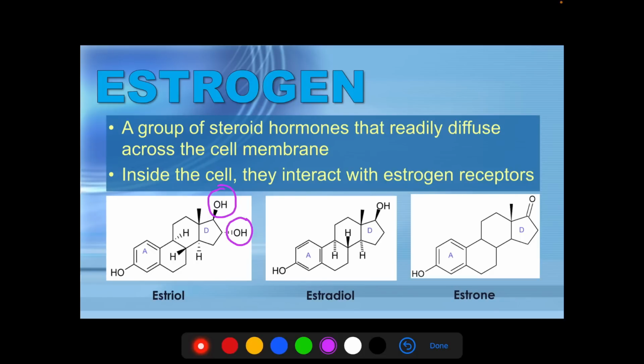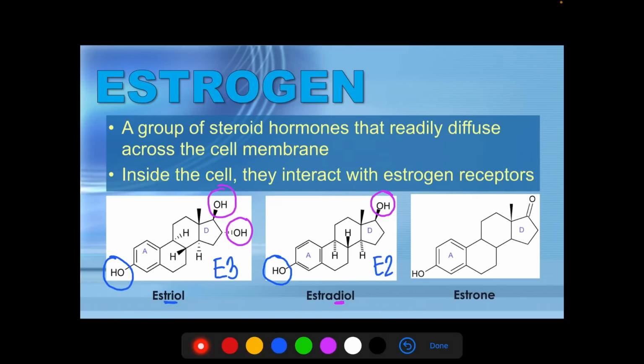And for the estradiol, there are two hydroxyl groups in total: one in the D ring and another in the A ring. That's why this is otherwise known as the E3, and this one is the E2.